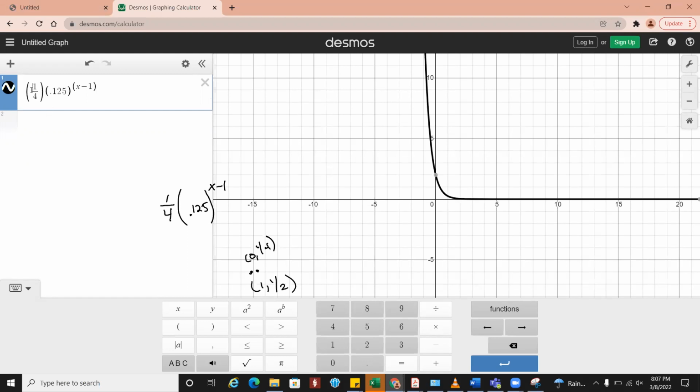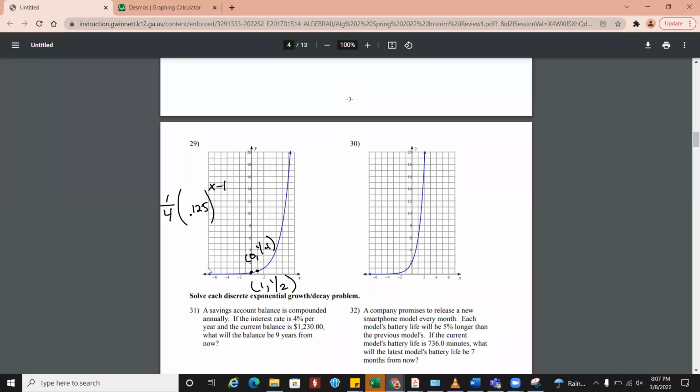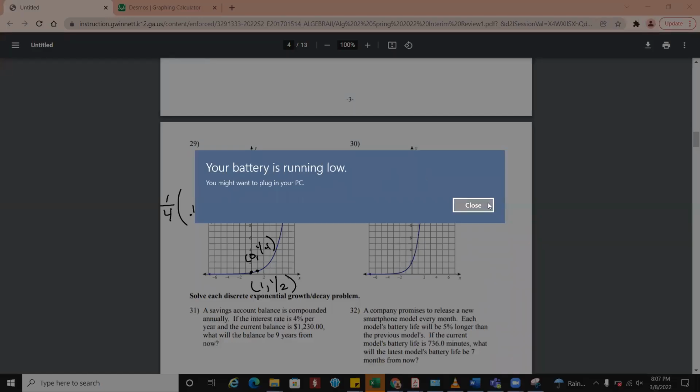Well, what if we throw a negative out front? What does it do? Well, that's not it. We want it to be growth, right? Because it should be growing from here to here. Uh-oh, let me plug my thing in. Okay, so we see that it's going to be growth.